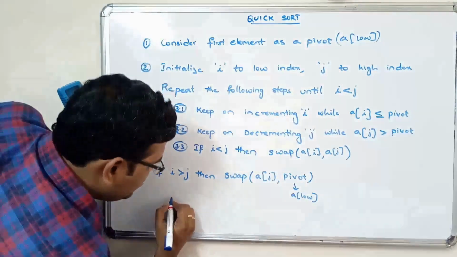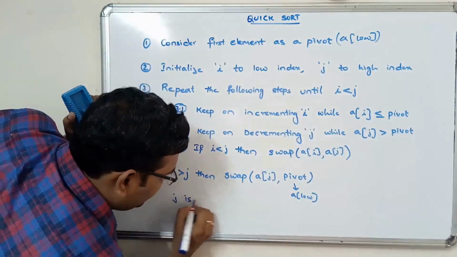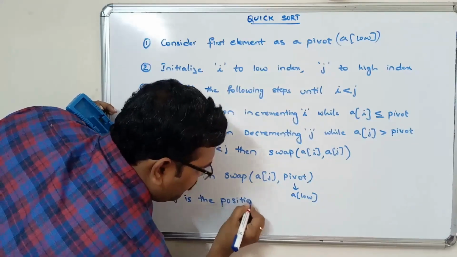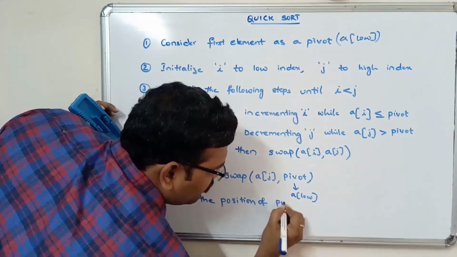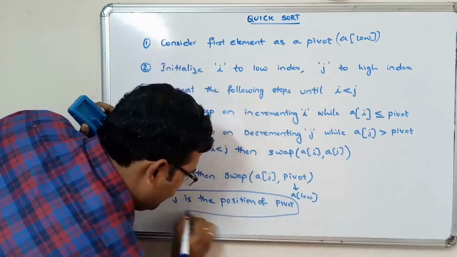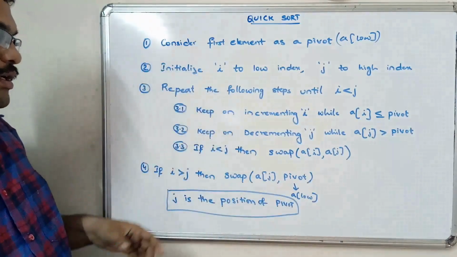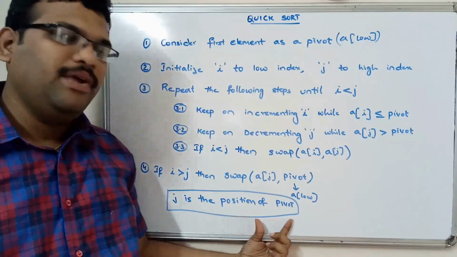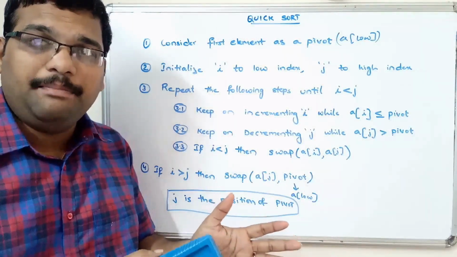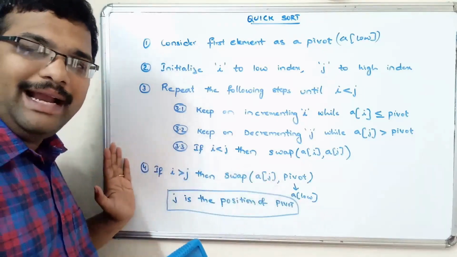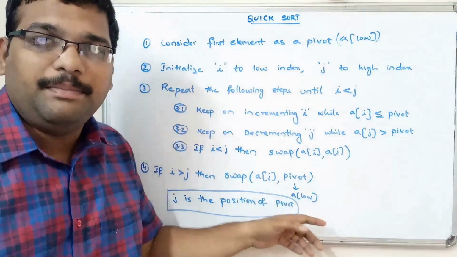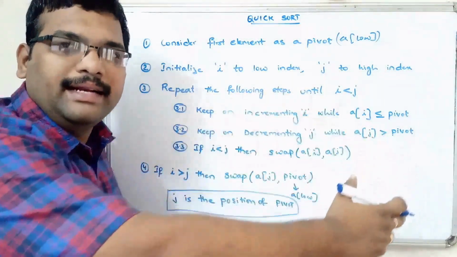So here j is the position of pivot. This is a very important thing, right? j is the position of the pivot, so that all the elements which are less than the pivot are on the left hand side, and all the elements which are greater than the pivot will be on the right hand side.